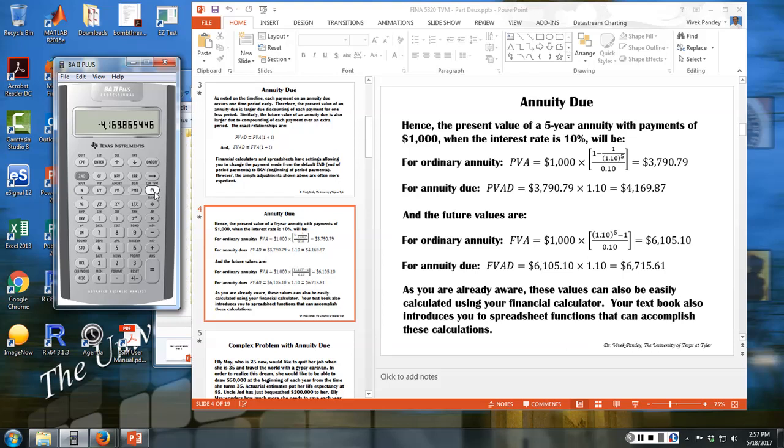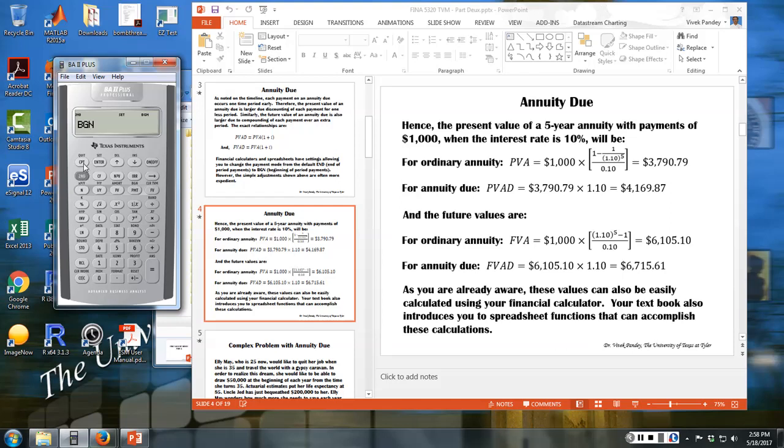Or in the calculator, you can change the mode, and second PMT brings us to the BGN key, and it shows us right now the calculator is set to assume all payments occurring at the end of each period. We can change that by using second and enter, which is a set key. And now you can see the screen says BGN.